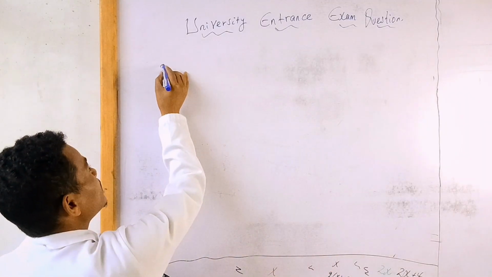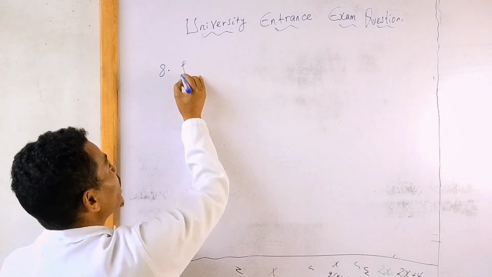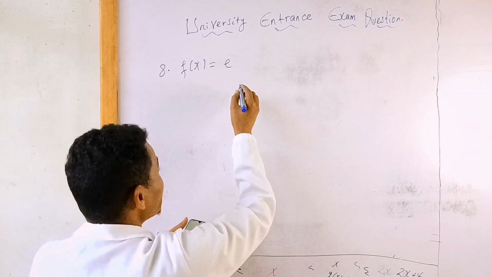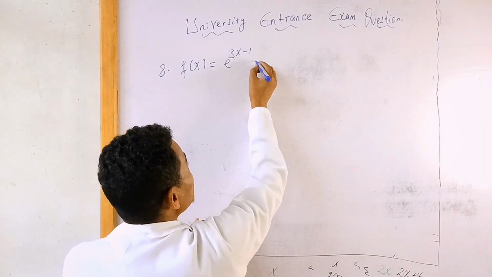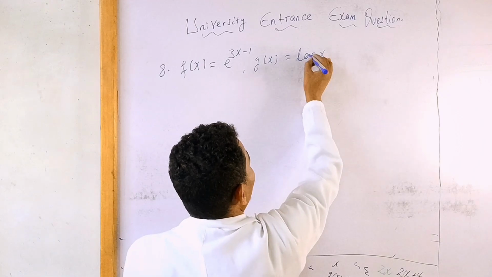Question number 8. Let f of x is equal to e to the power of 3x minus 1 and g of x is equal to tan x.